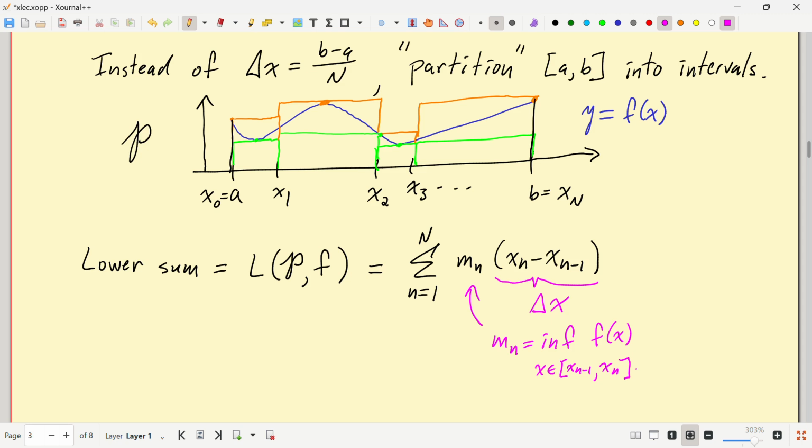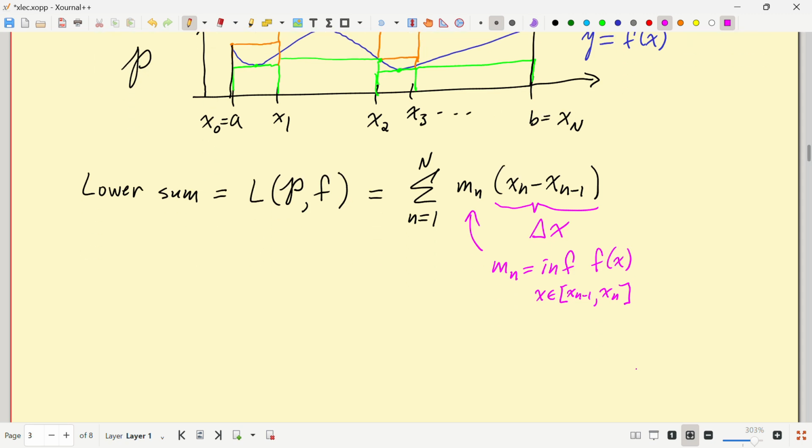And then the upper sum can be the same thing, except with the sup. Upper sum, that would be capital U, which depends on the partition and the function.